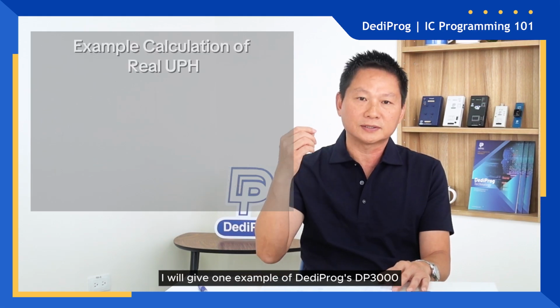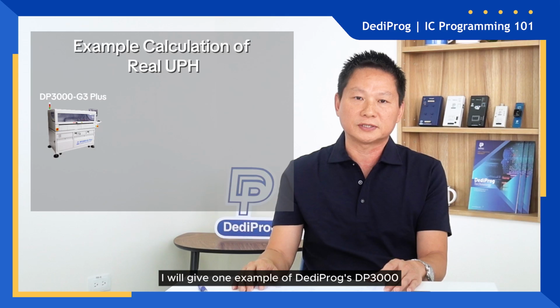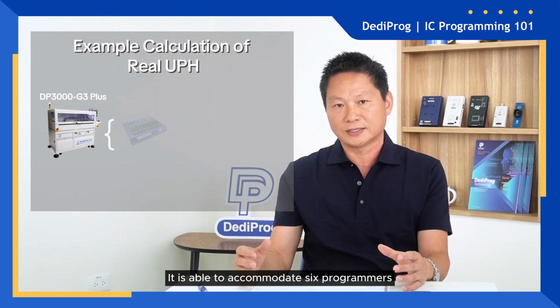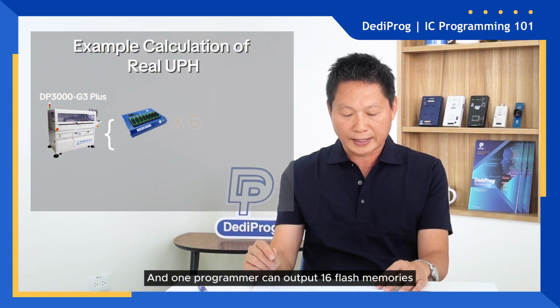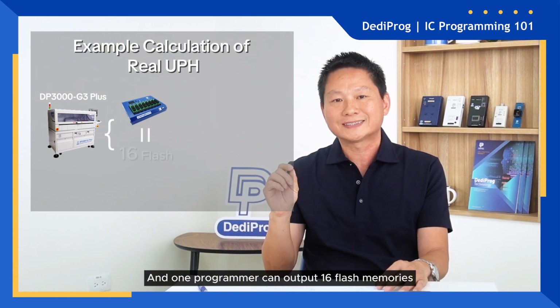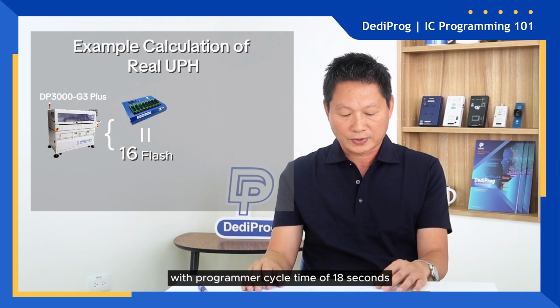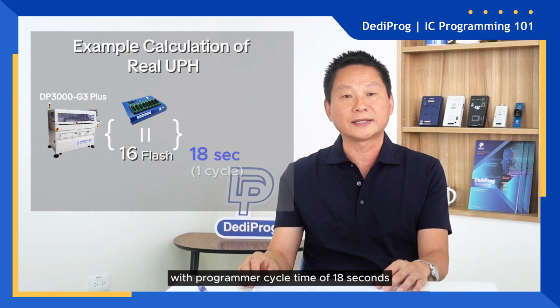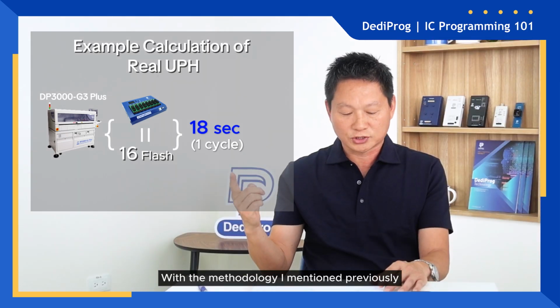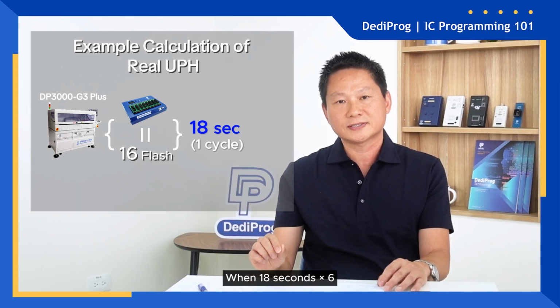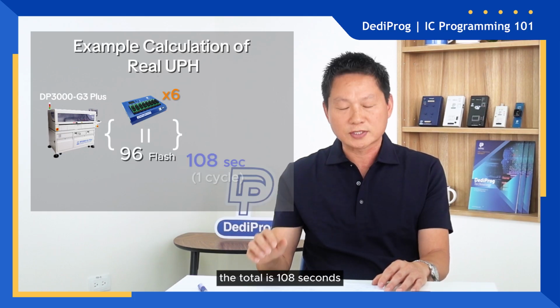I will give one example. The DediProg DP3000 is able to accommodate 6 programmers, and 1 programmer can output 16 flash memories with a programmer cycle time of 18 seconds. With the methodology I just mentioned, 18 seconds times 6 is a total of 108 seconds.